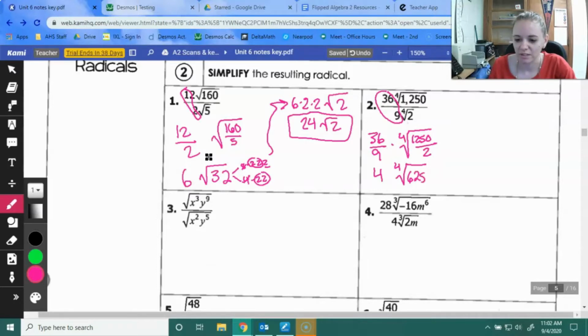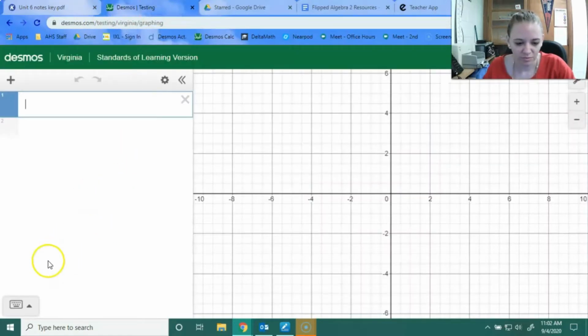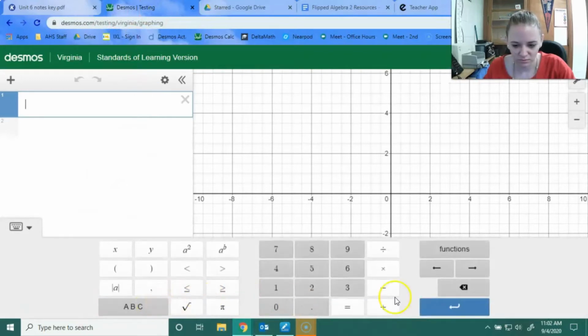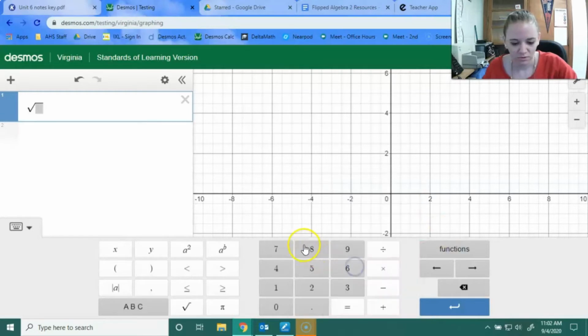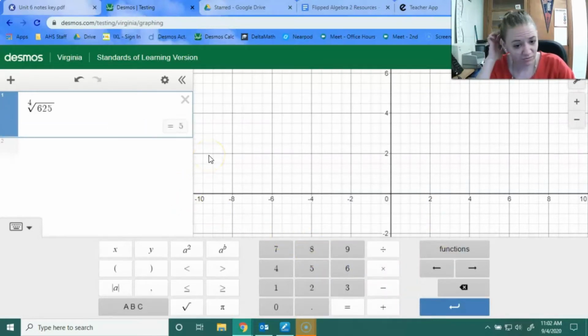Okay, now we need to see if 625, now it could come out and be, let's pull up Desmos. So 4th root of 625, oh, comes out to be a whole number, and that's why it's always a good idea to check first to see if it comes out to be a whole number, just in case.